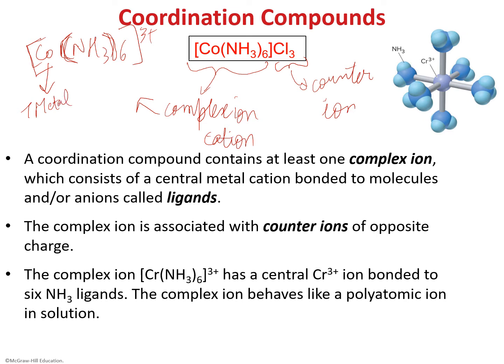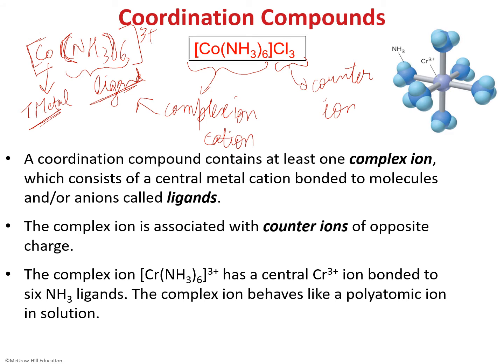In this case that is cobalt, and whatever is apart from that transition metal is called a ligand. So there is always a transition metal, and there are going to be a certain number of ligands. That can be the same ligand or multiple different kinds of ligands. In this case, the only ligand that we have is ammonia.